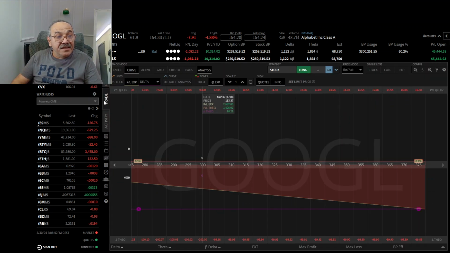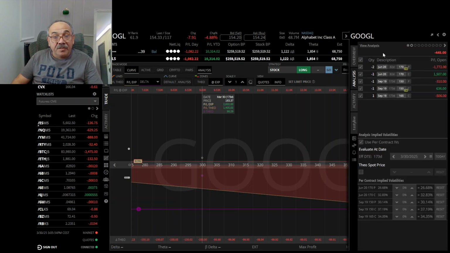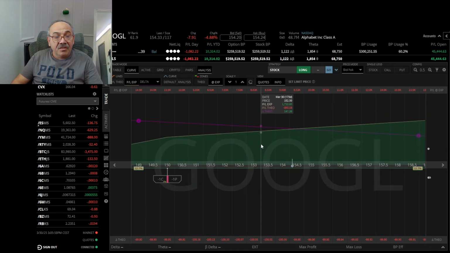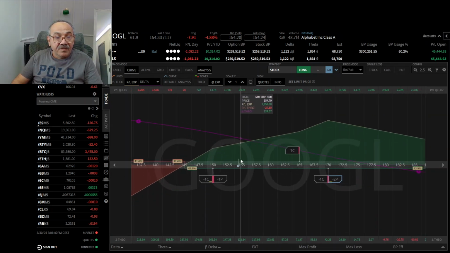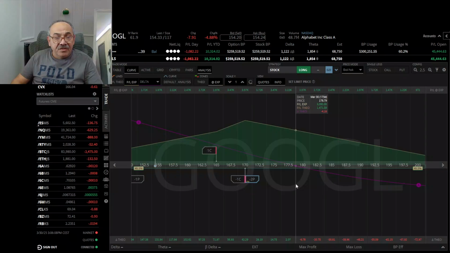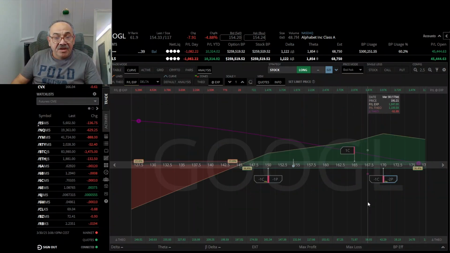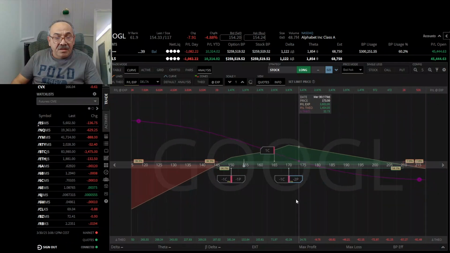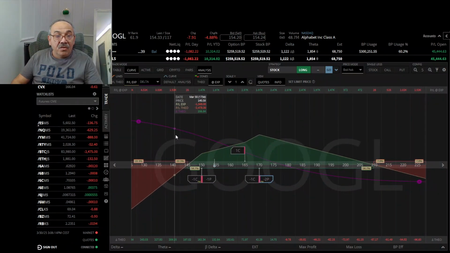So let's see how our total position looks right now. So right now it's trading at 155. You see we have a pretty good big structure. If Google stops falling down and goes up a little, our position should be in good profit.